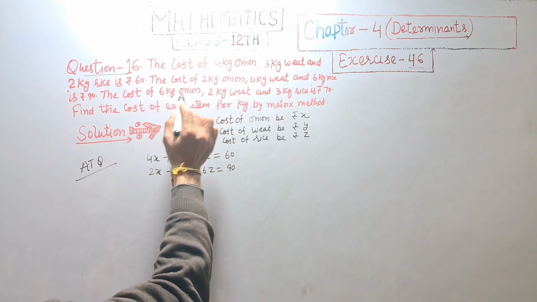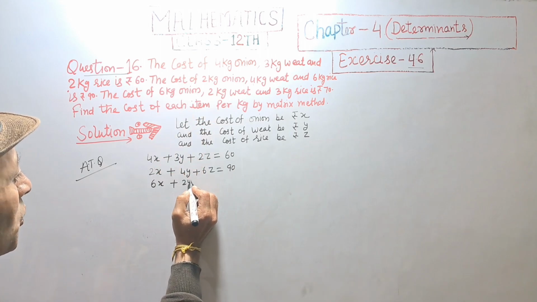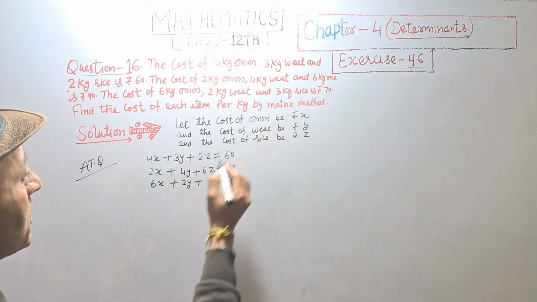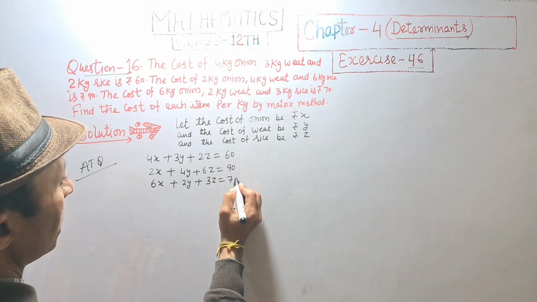And third equation, the cost of 6 onion, 6x plus 2y plus 3z is equal to 70.